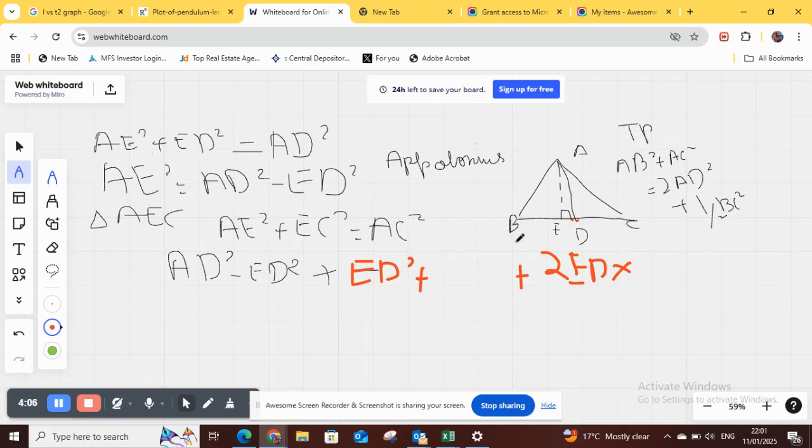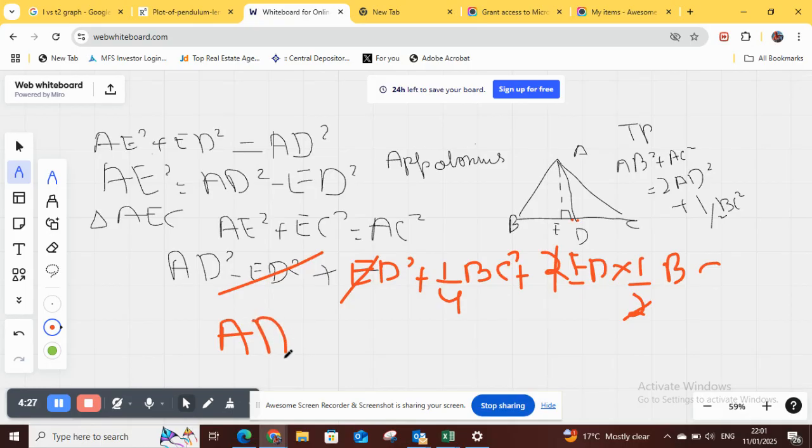So half of BC squared, if we do the whole square in place of this, it will become 1 by 4 BC squared and 2 ED into 1 by 2 BC. This is very easy to understand, and we will just cancel this 2 and this ED, and plus minus always get cancelled. So we'll get one of the faces of the equation as this.